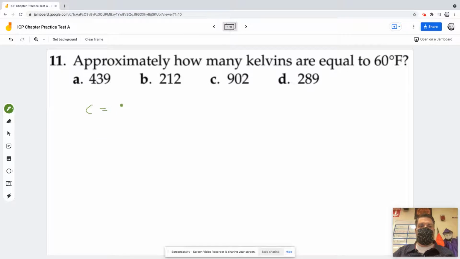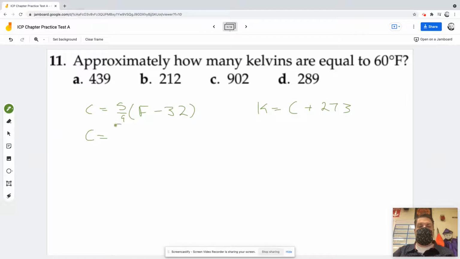Celsius is equal to 5/9 times the degrees Fahrenheit minus 32. And then we also have that relationship of Kelvin is equal to whatever the temperature is Celsius plus what? Who remembers that formula? 273, right?